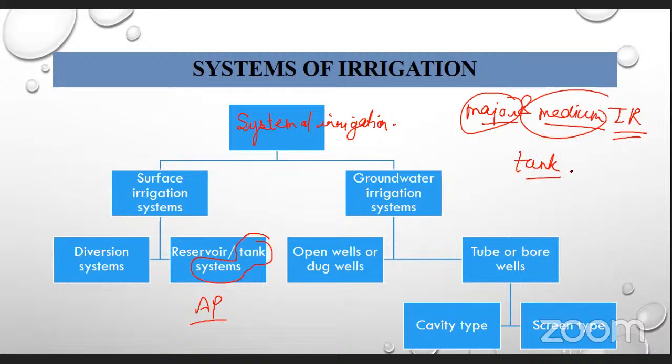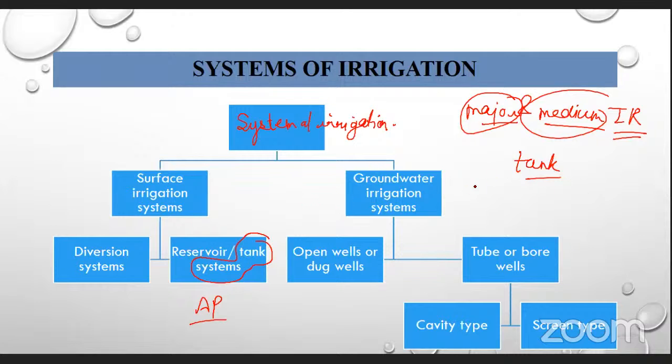Also there is the destruction of forests, or excessive grazing of the catchment area of the tank, and cultivation of the source areas of the tank, and because of that there is excessive soil erosion and silting of tanks.